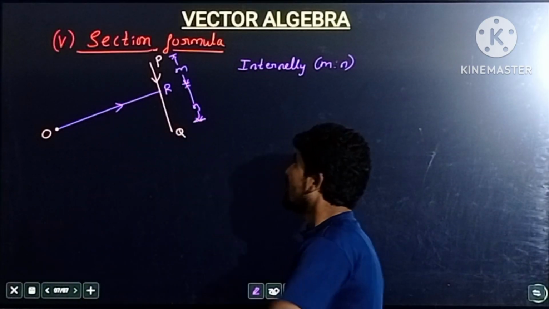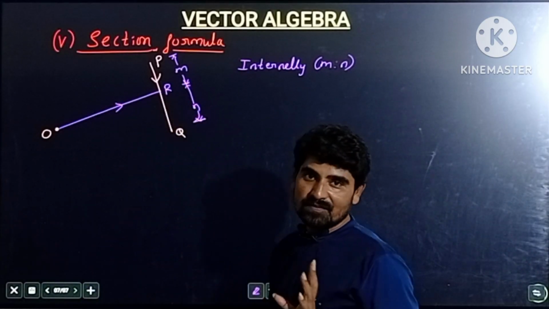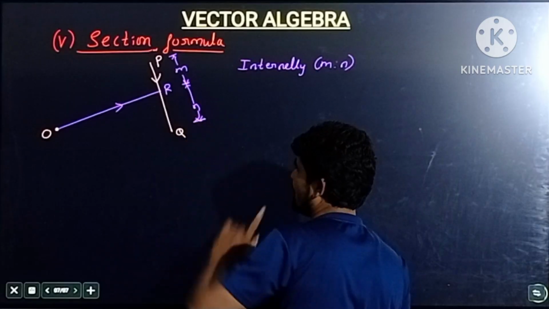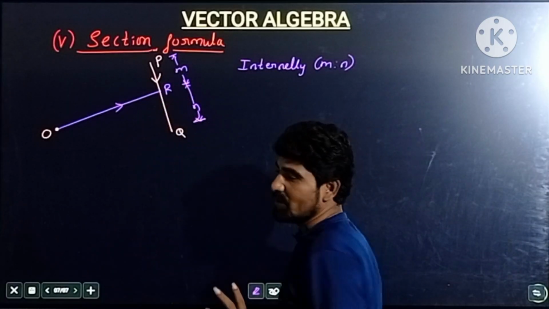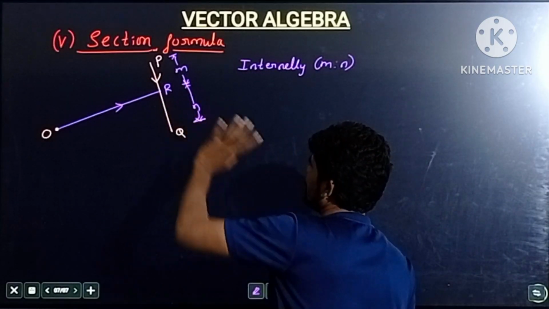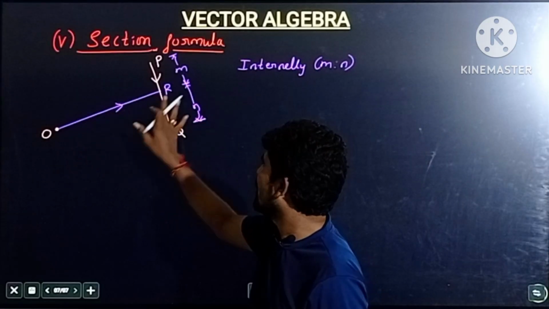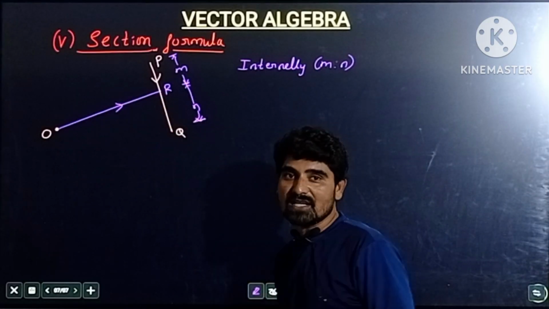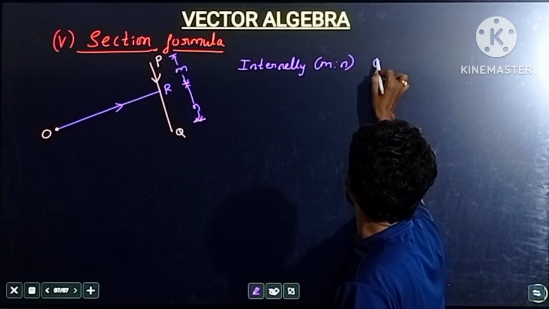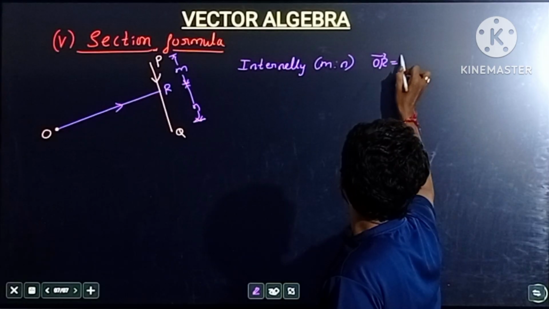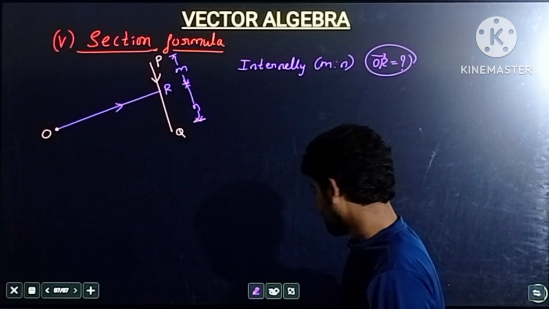Here what is the condition? PQ is any vector and R is one of the points which divides this PQ internally in the ratio m is to n. Then we need to find the position vector of this point R, that is OR vector. So we need to identify the vector OR here.